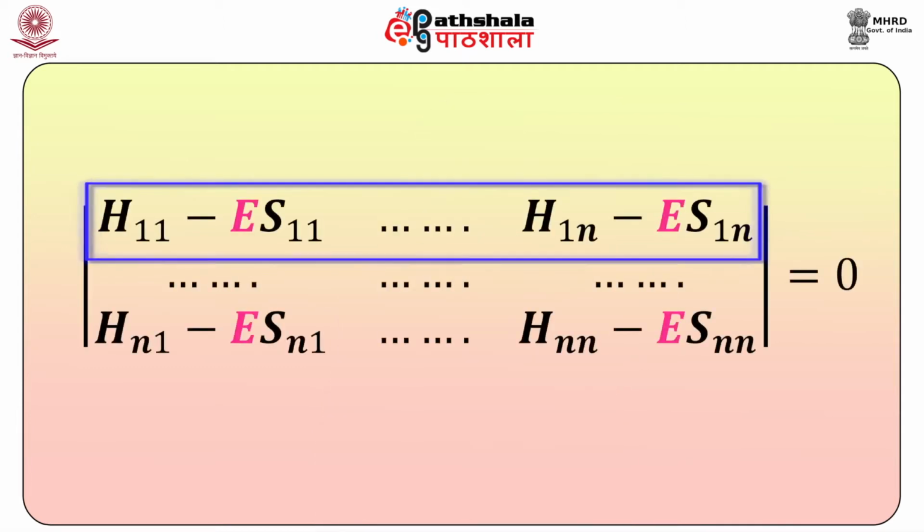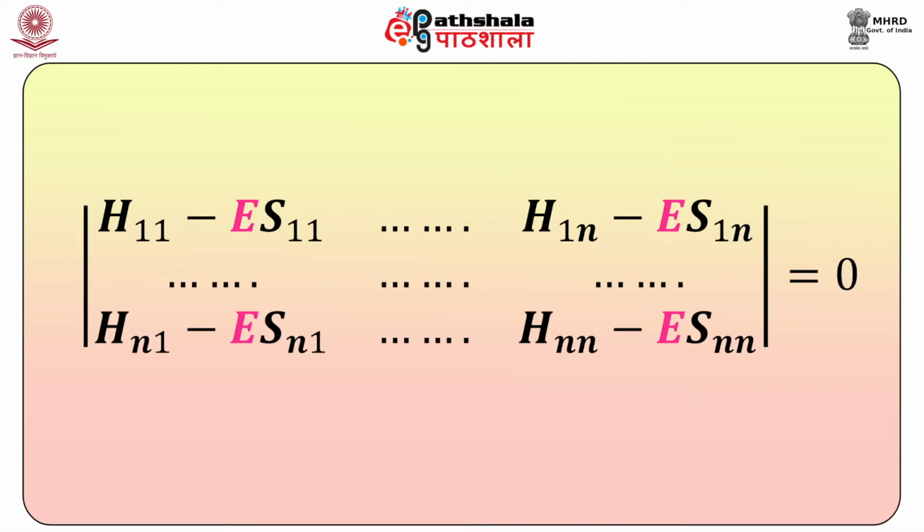Once we solve this expression for the approximate energy and expand it, we ultimately get a set of simultaneous equations, which can be written in the form of a secular determinant, and the corresponding secular determinant is H11 minus ES11, first row up to H1n minus ES1n.